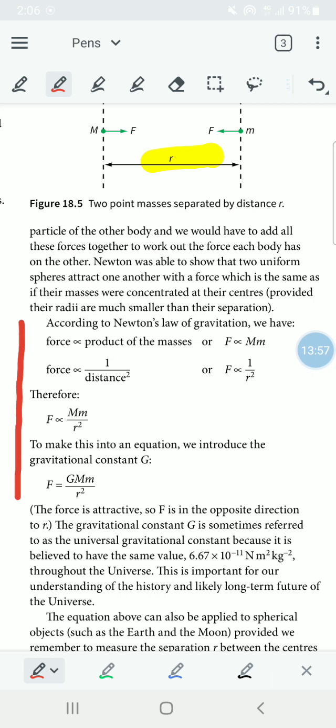Force is proportional to the product of masses, or F is proportional to Mm, and then these two equations, and after that you develop this, the gravitational constant G, this equation, and then underneath that write G. After you write these things, pause the video, and then write G is universal throughout, and has a value of 6.67 times 10 to the power minus 11 newton meter squared per kilogram squared.